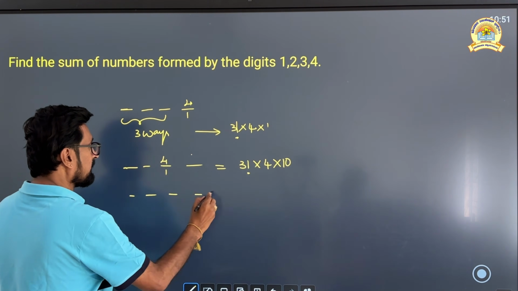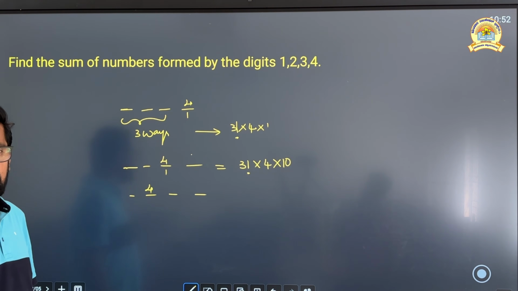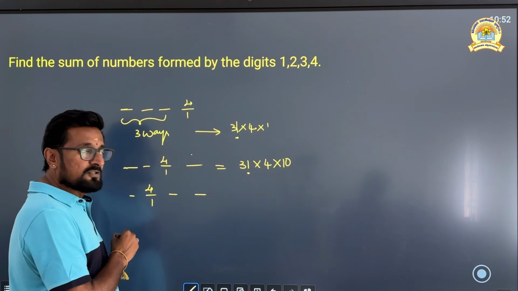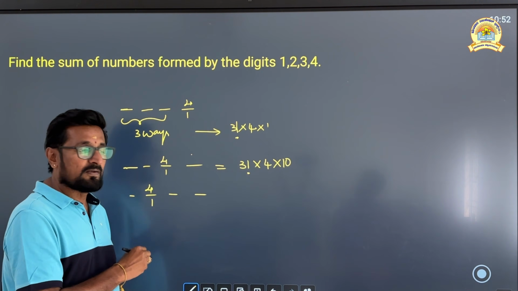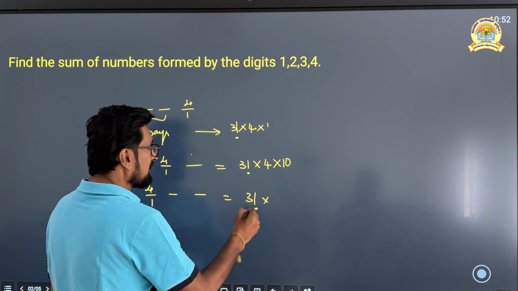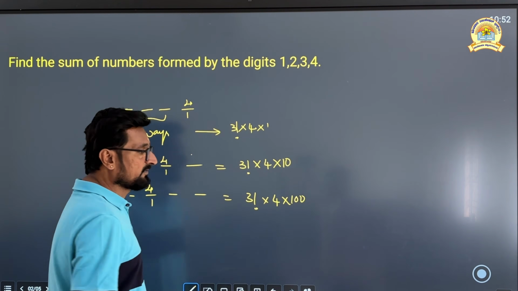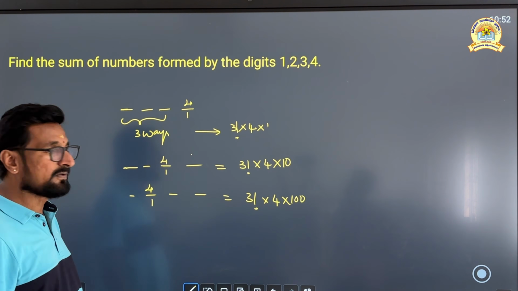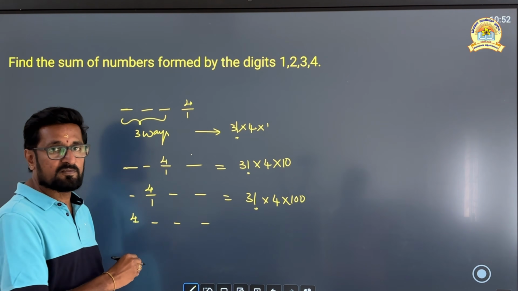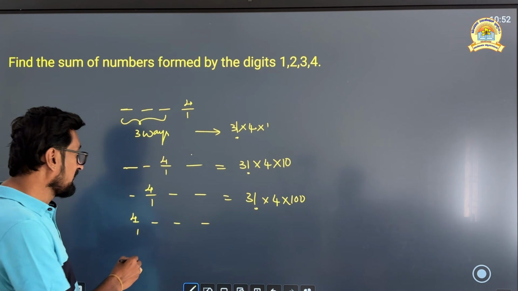1, 2, 3, 4. If 4 is in the hundreds place, then you can arrange this 4 in the hundreds place in one way. Remaining can be arranged in 3 factorial ways into 4 into the place value, which becomes 400. So it is 4 into 100. If 4 is in the thousands place, you can arrange it in only one way.